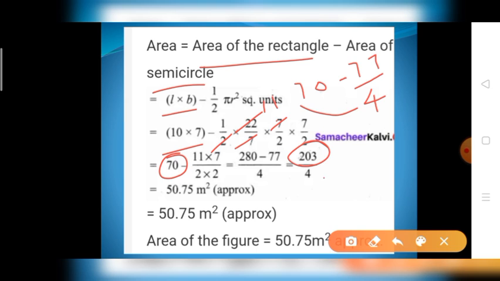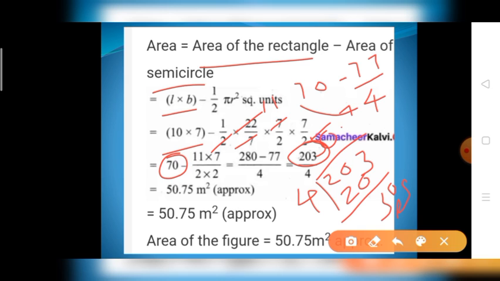Then 203 divided by 4, divide with the fourth table, 5 4s are 20, remaining 3 not divisible, then put 0, next put a decimal point. Again add 10, 7 4s are 28, remaining 2.